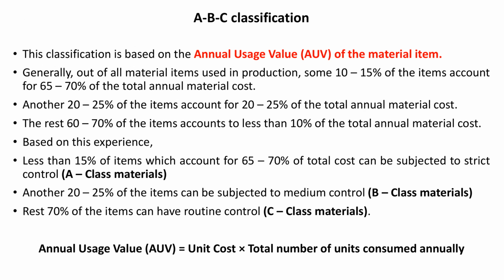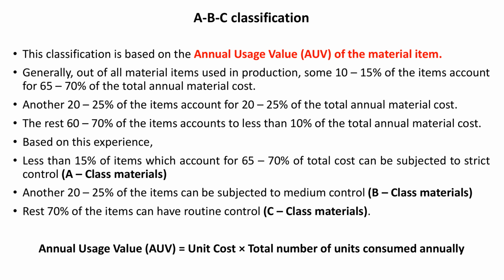ABC classification. ABC classification is based on the annual usage value or AUV of the material item. Generally, out of all material items used in production, some 10 to 15% of the items account for 65 to 70% of the total annual material cost.